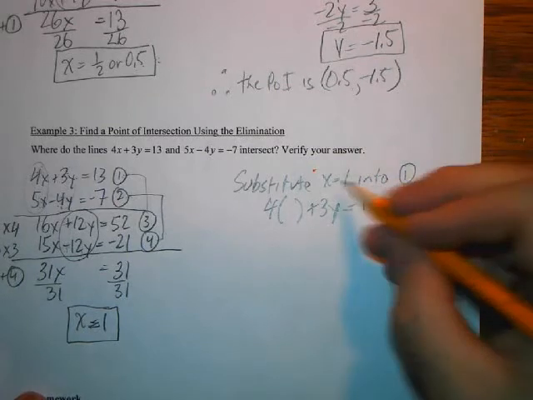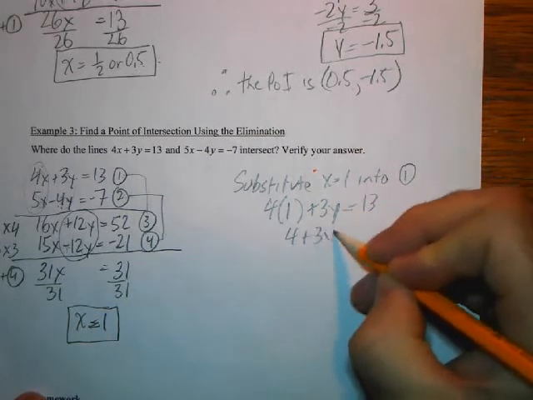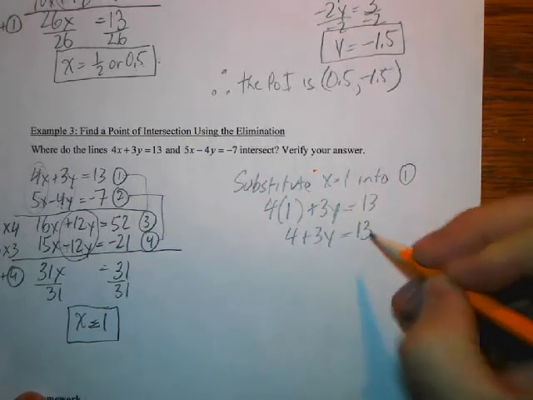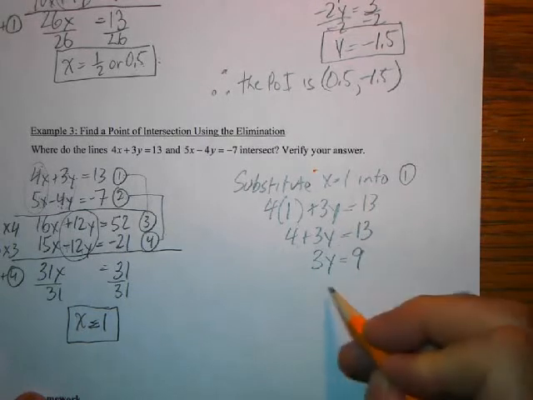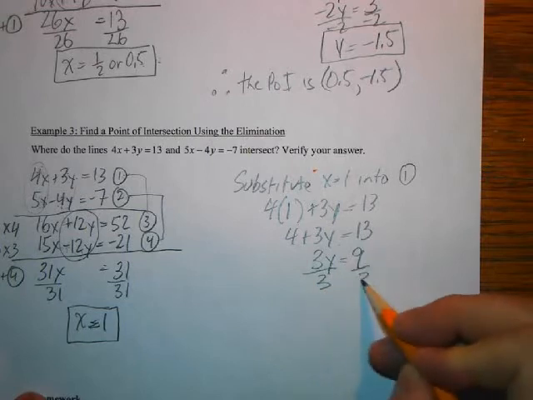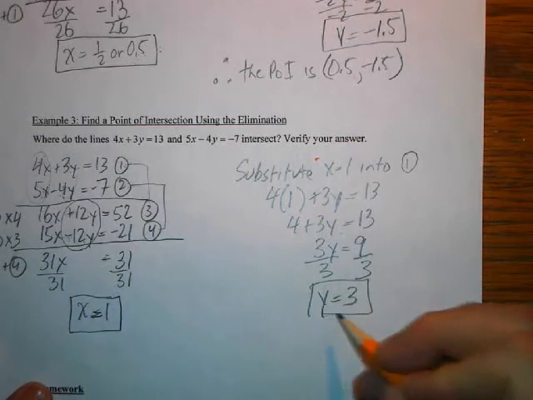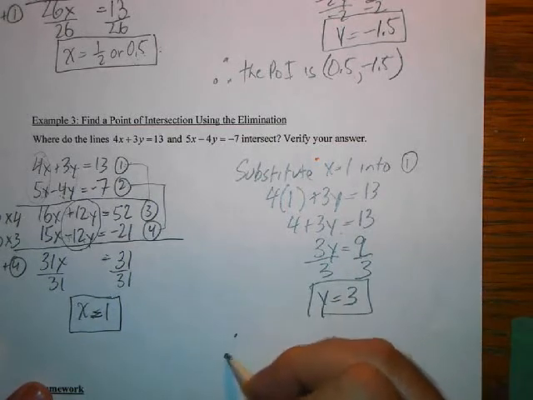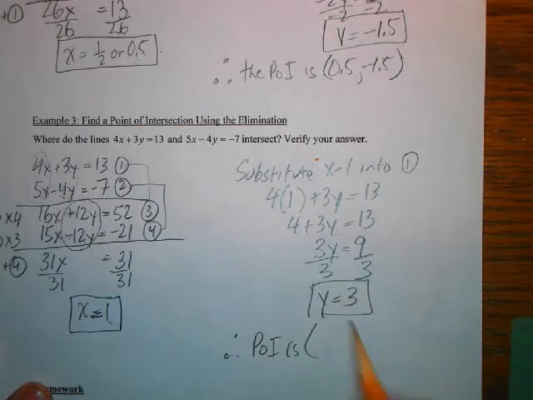And x is 1, so it goes where x was. So that's 4 plus 3y equals 13. Then I'm going to subtract 4 from both sides. 3y equals 9. Divide both sides by 3. Get y equals 3. So, therefore, the POI is the point (1, 3).